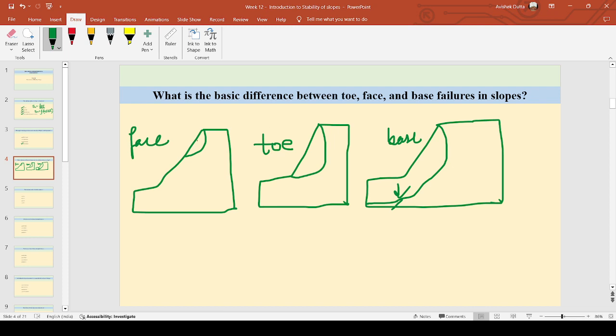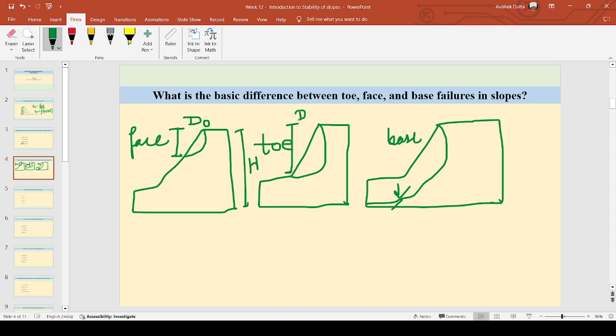The depth of failure is termed as D, and if the height of the slope is H, I write it as D naught. So this is also D naught.